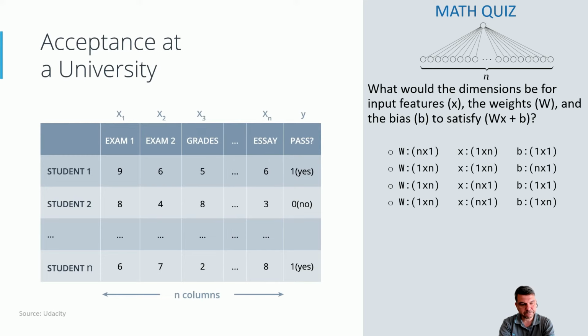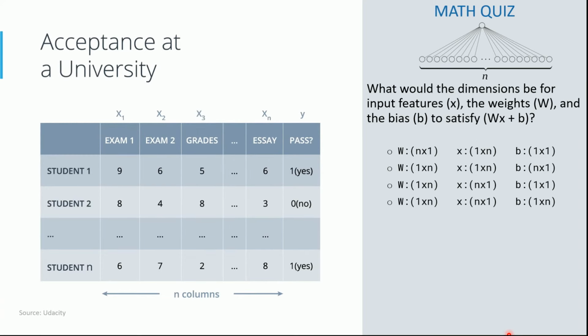When we multiply matrices, let's say we have a matrix m by n multiplied with another matrix n by k. In order to multiply matrices, we have rows and columns, right? The number of columns of the first matrix must match the number of rows of the second matrix.